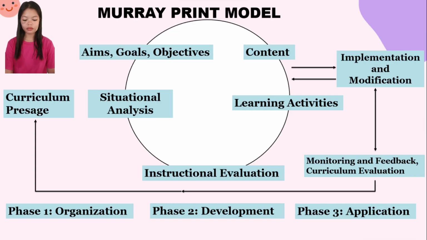So this model revolves around the following phases and procedures. It revolves in three phases. The first one is the organization. Next is the development. In this part, they start developing the curriculum through a cyclical process that starts with situational analysis, aims, goals, and objectives, followed by the content, learning activities, and instructional evaluation.